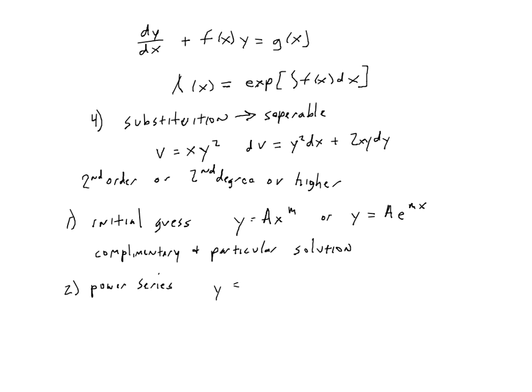This is where you assume that the solution is y equals C0 plus C1x plus C2 x squared, etc. And you have to solve for what these coefficients are. If you could do this enough, you're guaranteed to solve the differential equation because the power series is going to converge to some function. And it's just a matter of using your knowledge of infinite series in order to find what that function is.